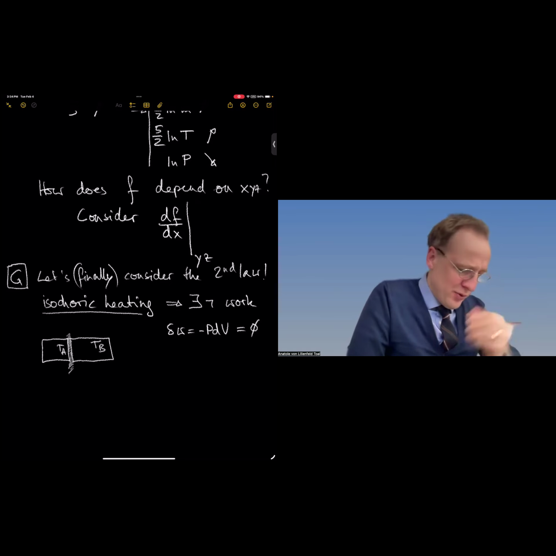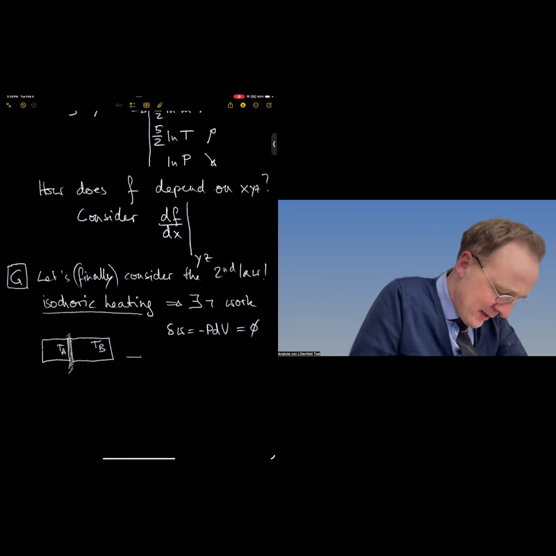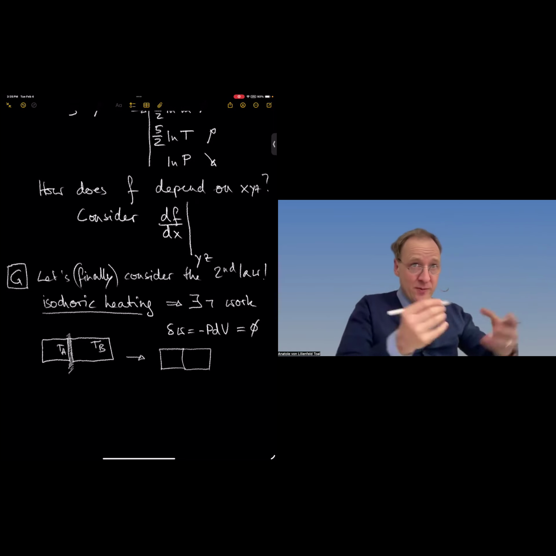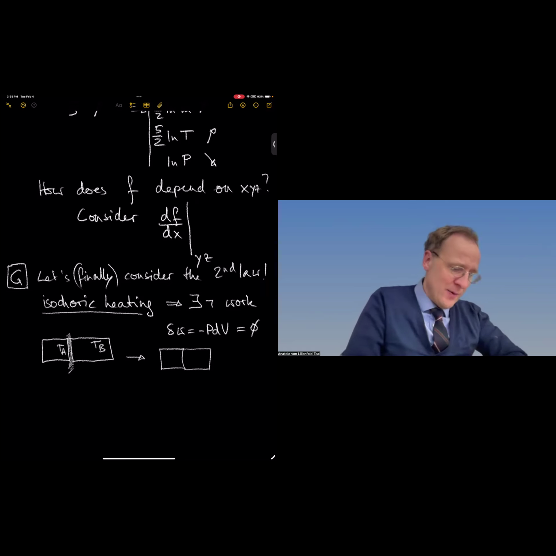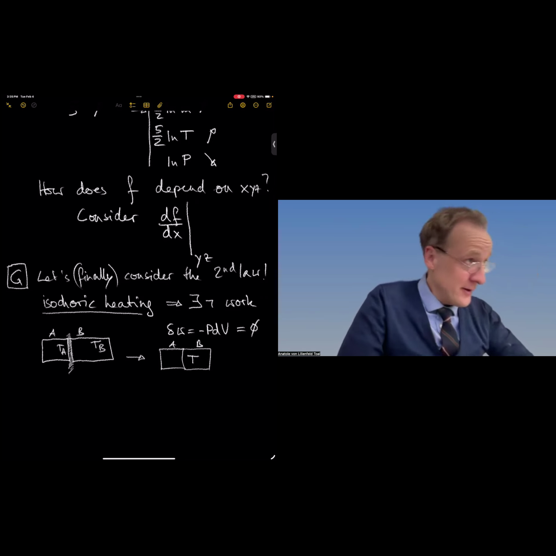And now the process I'm considering, the change in entropy, is when changing this system into a system where now the two systems were put in touch with each other and we have one system, A, B. We have one temperature, right?